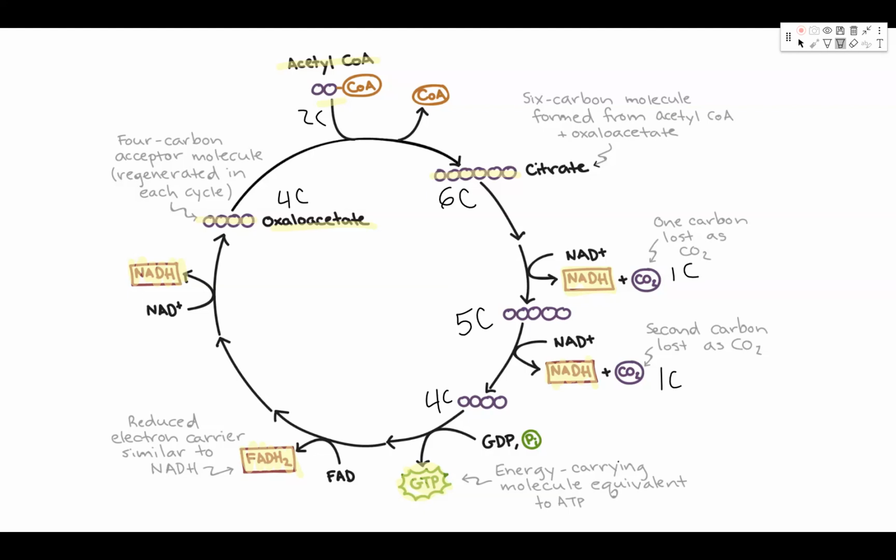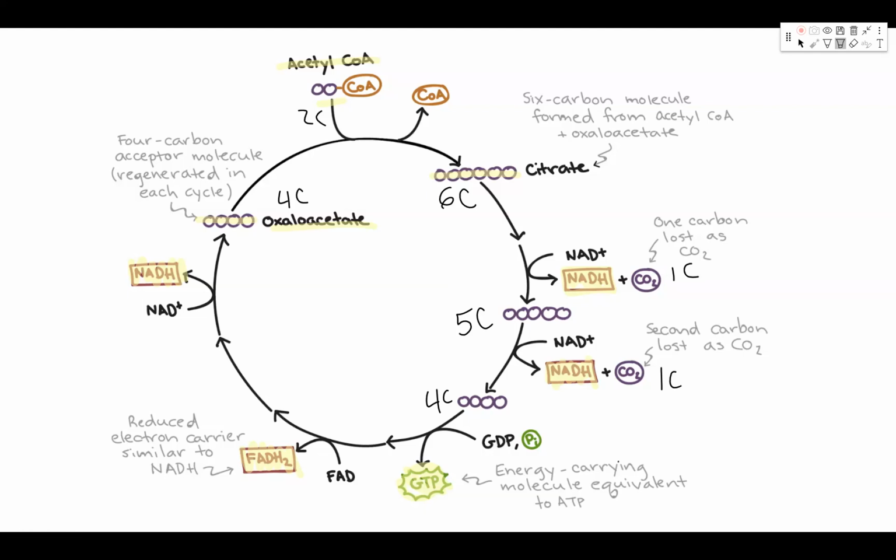That 4 carbon oxaloacetate will then get added to this acetyl-CoA molecule, or another acetyl-CoA molecule, not the same one. We've released the carbons here. And it'll go and go and go, churning out energy as we go.